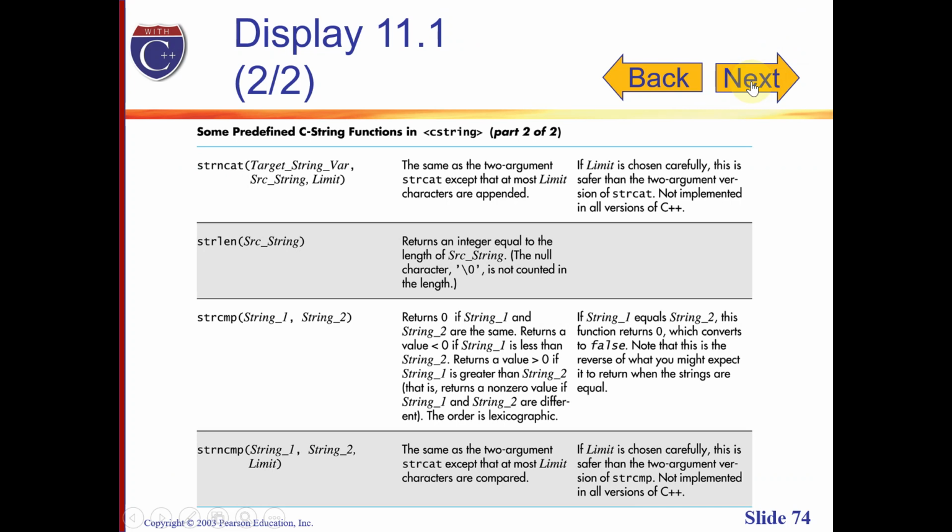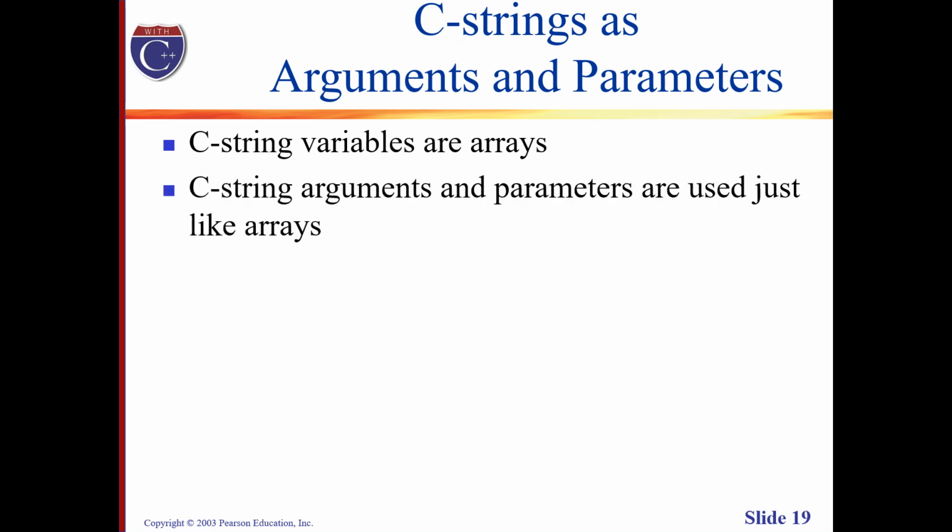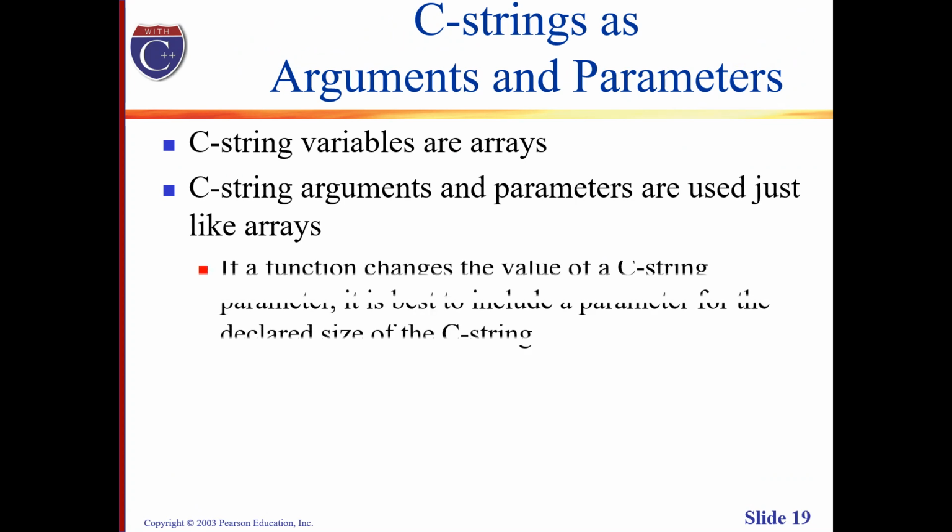And there you have it. Of course, we can use C-strings as arguments and parameters during a function call. Basically, C-string variables are arrays. Also, C-string arguments or parameters are used just like arrays.